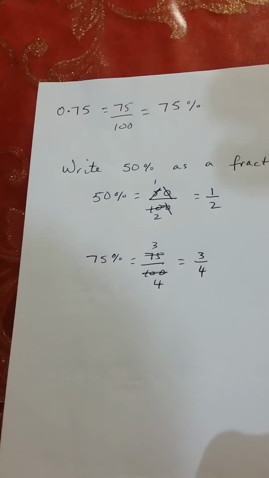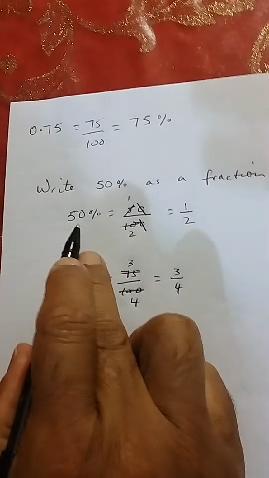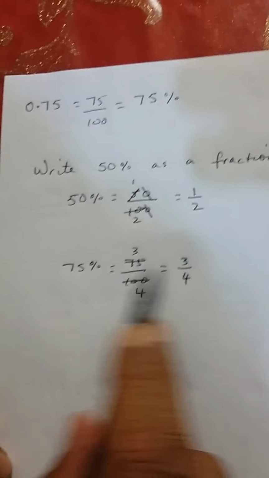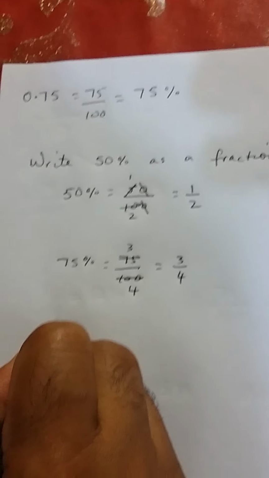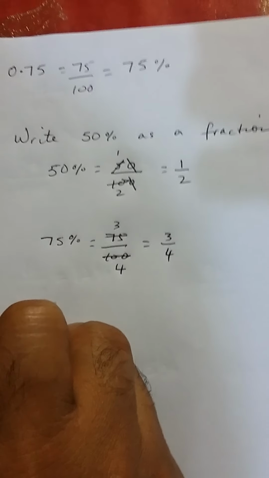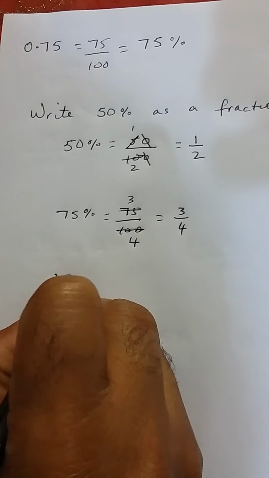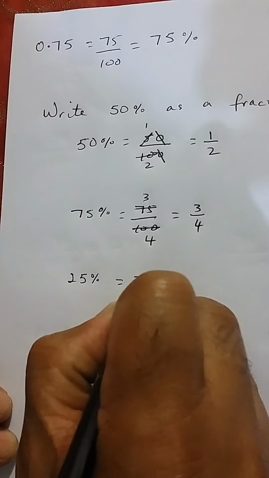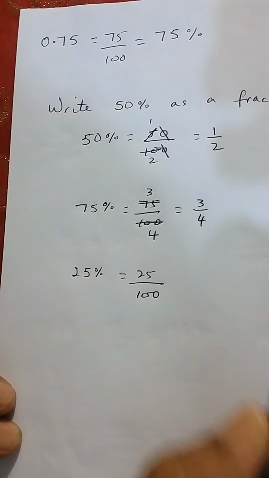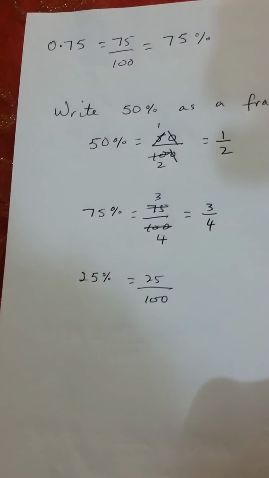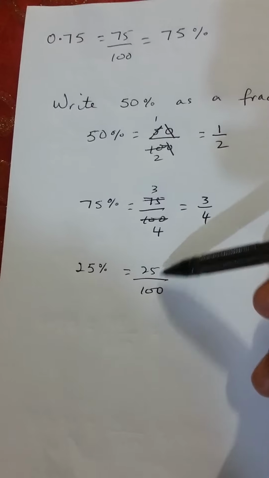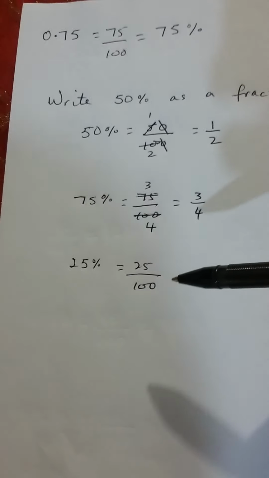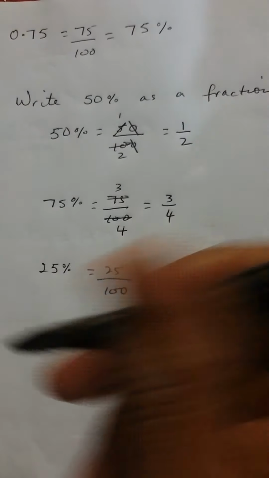So we have 50% being 1/2, 75% being 3/4, and we can try 25%. 25% will be 25 out of 100. And once again, you can divide by 5 because the numbers end with 5 and 0, so it will be exactly divisible by 5.